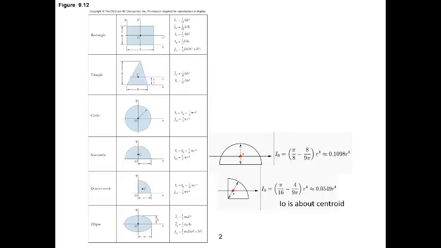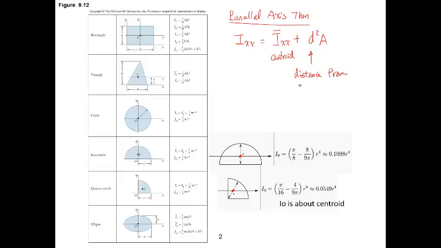So let's refresh our memory. What exactly is the parallel axis theorem? The parallel axis theorem is the way that we can derive our new moment of inertia about an axis by adding the moment of inertia about its centroid and the distance from the centroid to the axis of rotation.